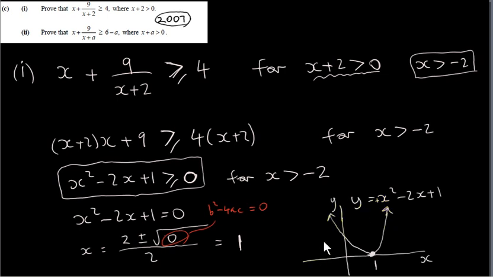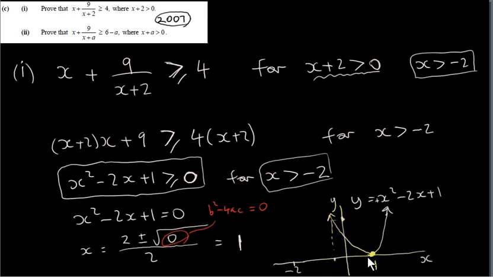So you can see that for all values of x greater than minus 2, and minus 2 is somewhere over here, the value of y will be greater than 0. If we take this value here, which is greater than minus 2, and go up to the curve, we get a value of y that's positive.